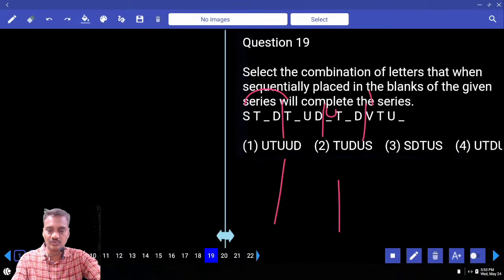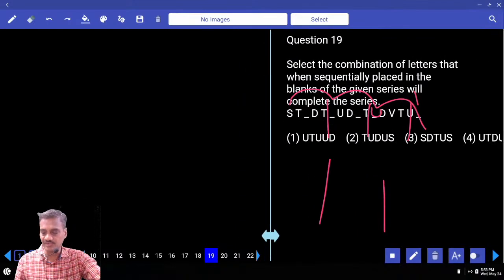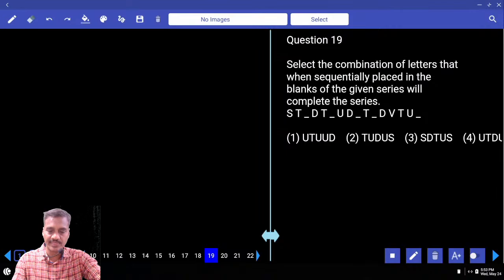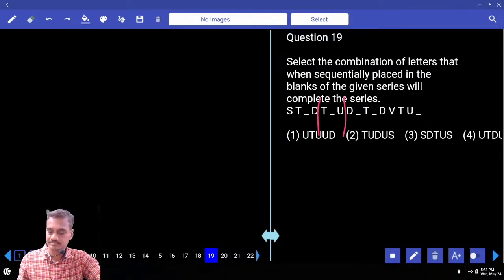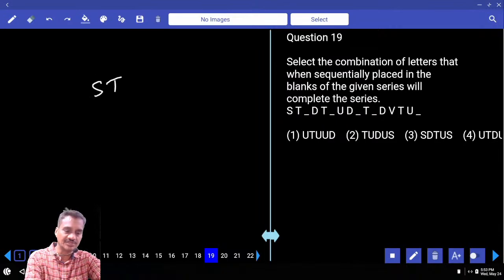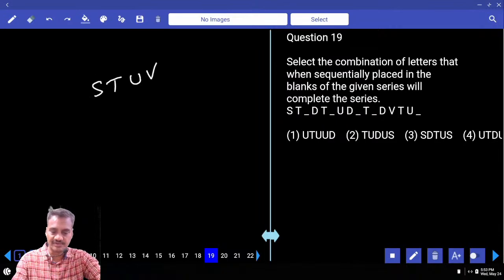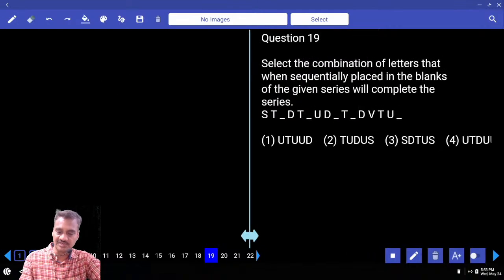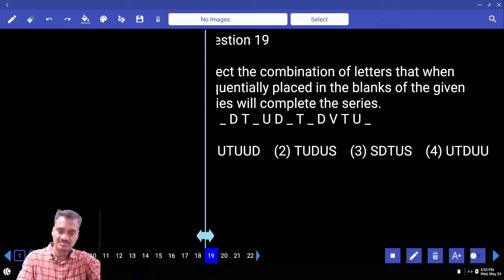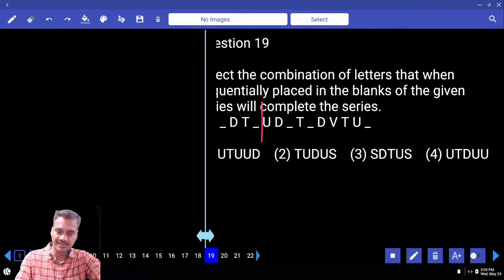S, T, U and V. Then what is the next one we have? S, T, U, V. And the next one. Now what is the first element we have? The first element is S. 1, 2, 3, 4. Here again 1, 2, 3, 4. And 1, 2, 3, 4.